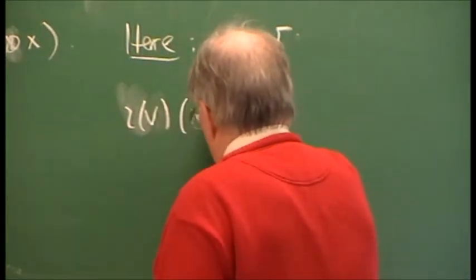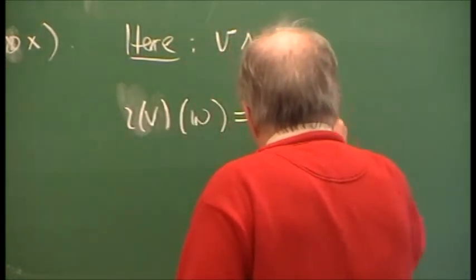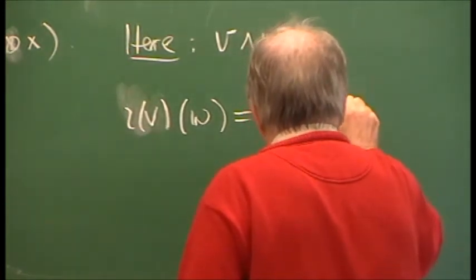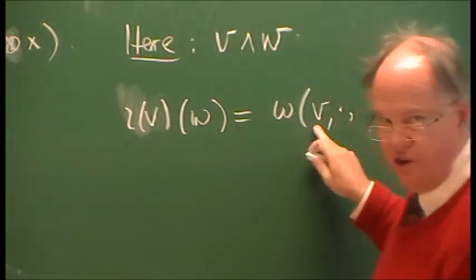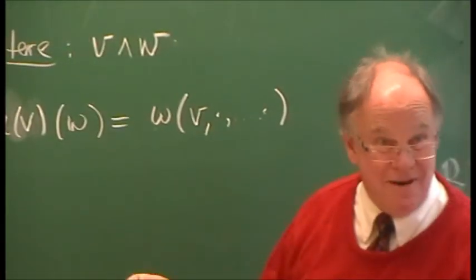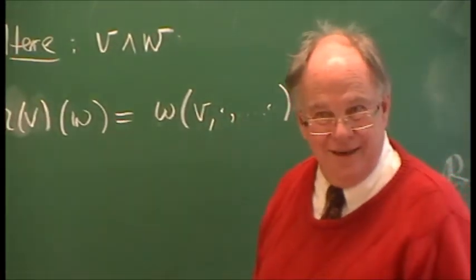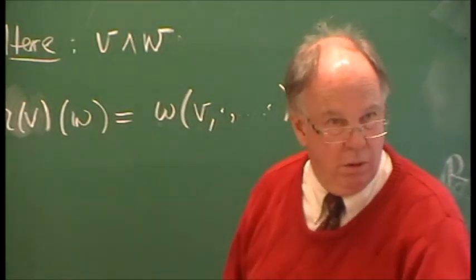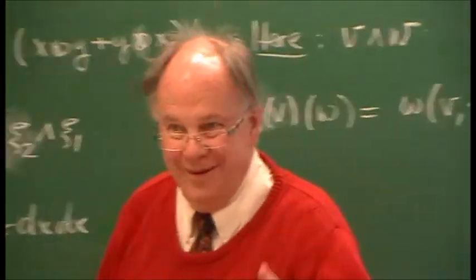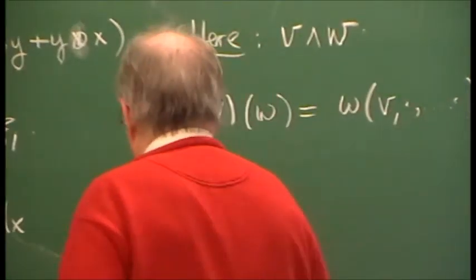Iota of V applied to the form omega is omega with V put in the first argument, and I indicate the rest of the arguments are here. You put V in the first argument. You evaluate it. This is clearly an annihilation operator because it pushes down the degree of the form. Okay? So iota is defined.